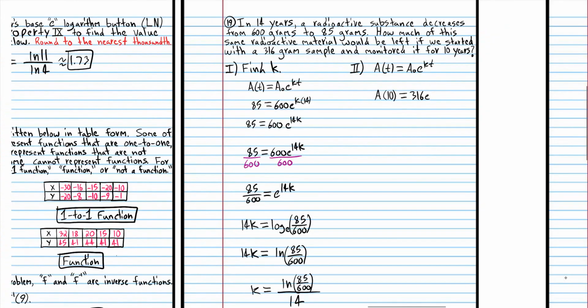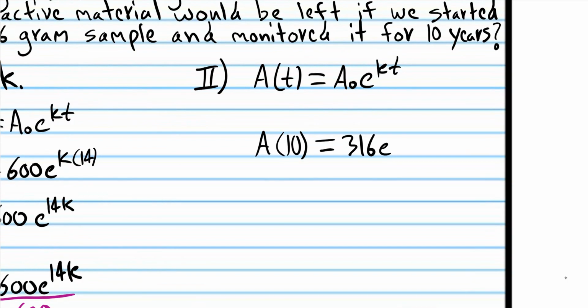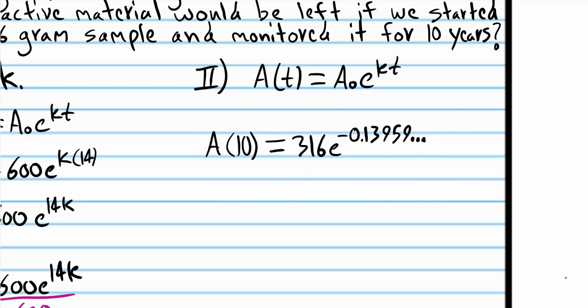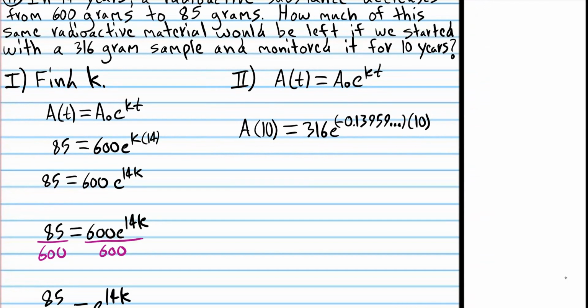Then we have e to the whatever the k value is, which was negative 0.013959, and again I'm going to write dot dot dot because I want you to keep that in your calculator, times 10, because the T value again is 10. So all we have to do is calculate that, and then we'll be done with this problem.